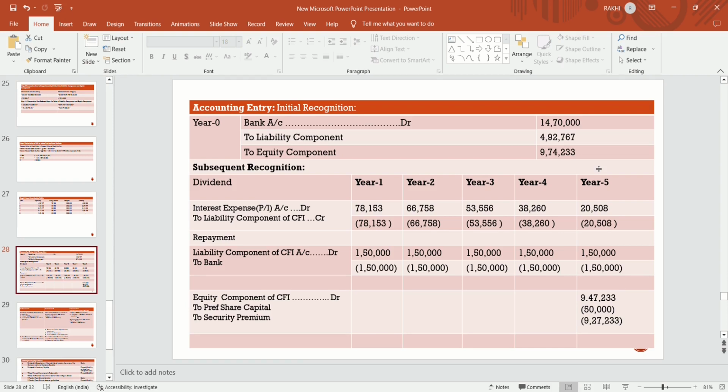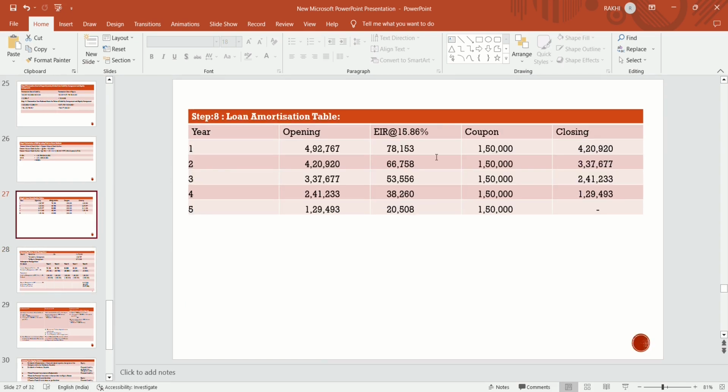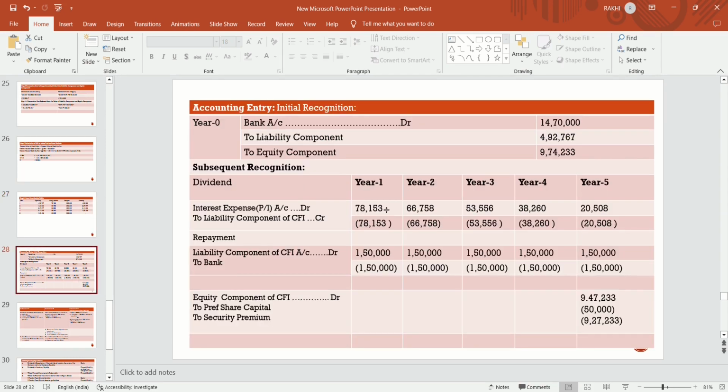So that is the initial recognition. Then on subsequent recognition, the dividend is to be amortized over the period. Dividend is amortized, like in year 1. Dividend or interest, we can say either. Interest expense, P&L account debit by whatever we had prepared in the amortization table, that is 78,153, which we had calculated by using the effective interest rate.